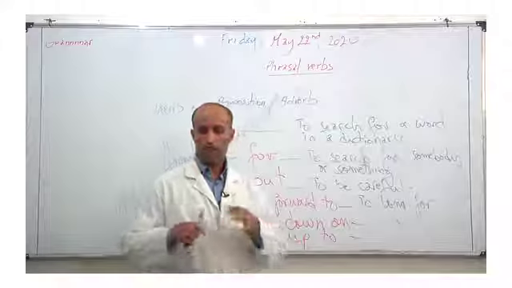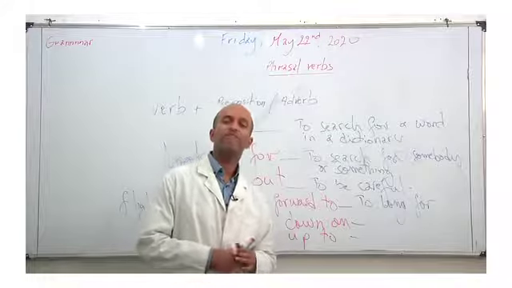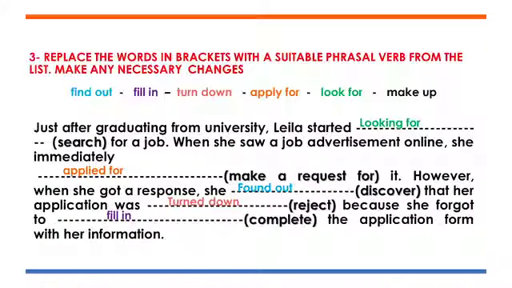However, when she got a response, she found out, she discovered, she learned that her application was turned down because she forgot the application form with her information, because she forgot to fill in.